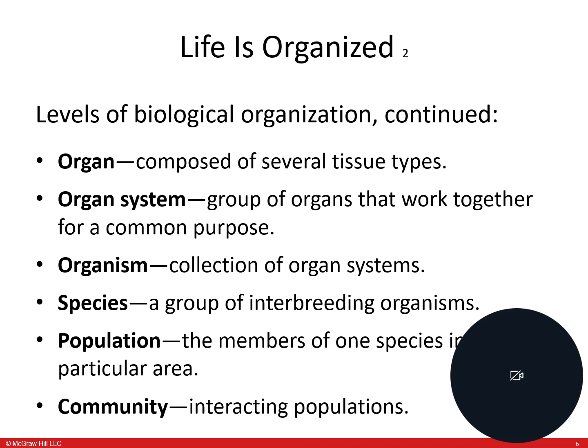Like, for instance, let's take my heart. My heart is a huge, giant muscle, essentially, right? We know it's a muscle because it contracts. It goes, generically speaking, lub-dub, lub-dub. Well, if it contracts, it has to have muscle tissue. So there's one of the 4. When my heart contracts and goes lub-dub, lub-dub, it's anchored to my chest wall. Well, anything that holds something in place is going to be connective tissue.